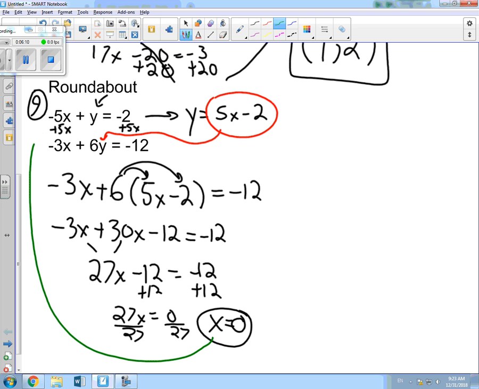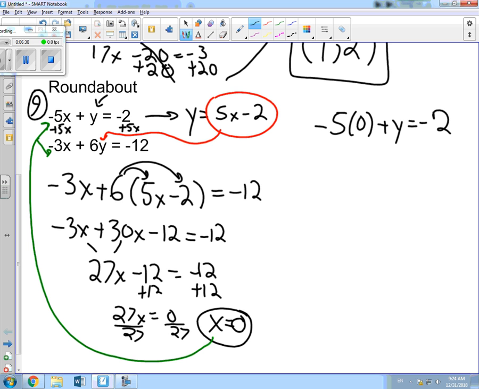I've got to plug it into one of my original equations, either the top or the bottom. If you plug it into the top or the bottom, you'll still get it correct. Let's see. I'm going to plug it into the top because there's nothing next to y for it. So negative 5 times 0 plus y equals negative 2.